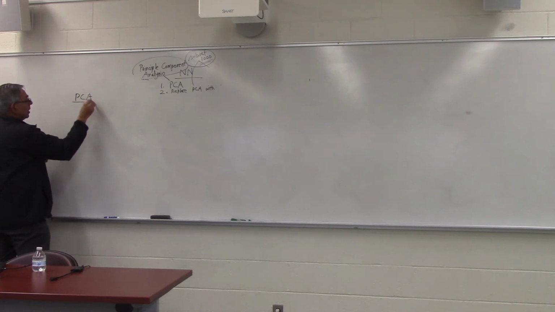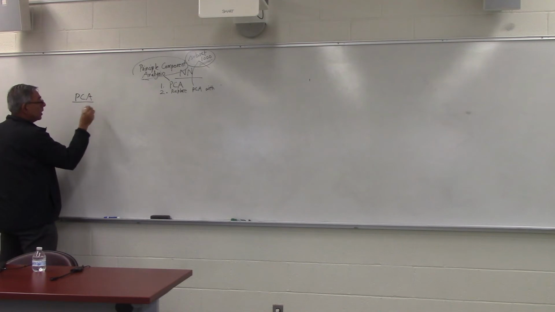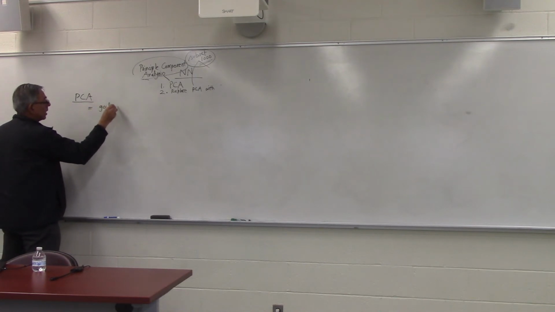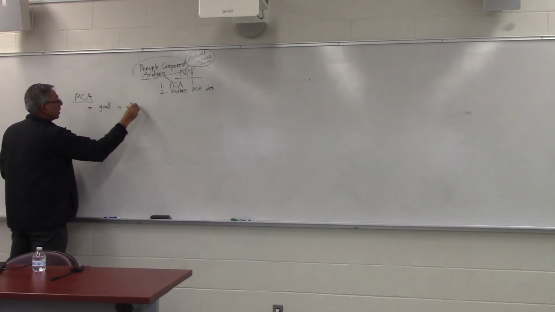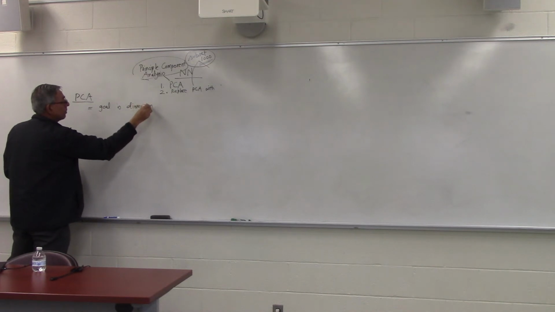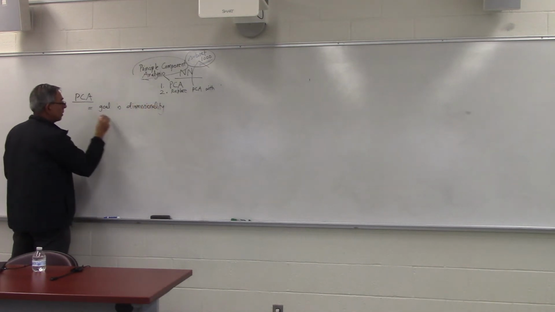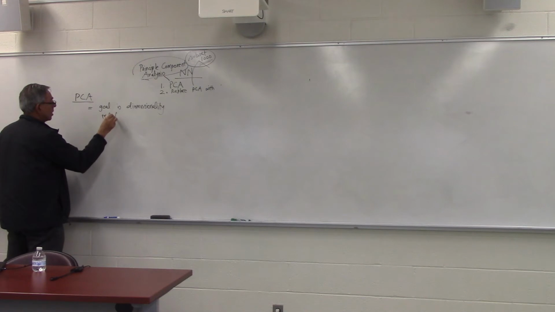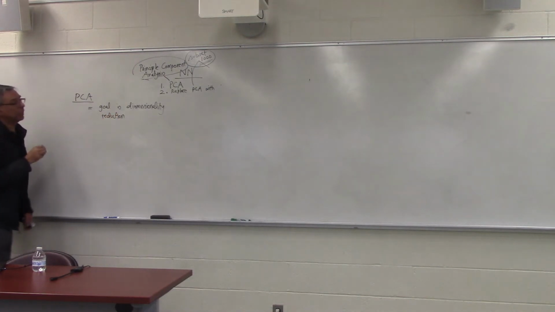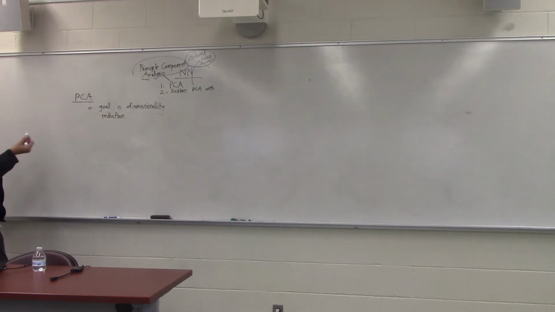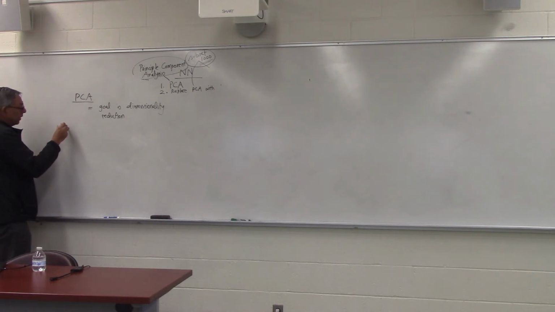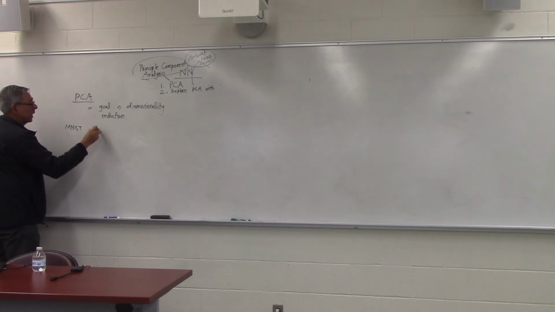So PCA. First of all, the goal is dimensionality reduction. Okay, for example, let's take a look at our MNIST example. Every MNIST digit, as we discussed, is 28 by 28, right?